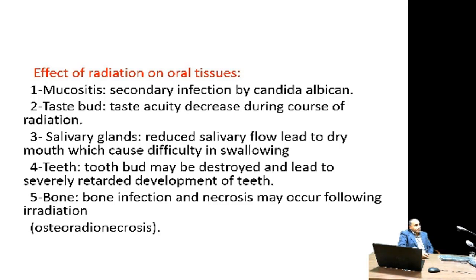Effect of radiation on oral tissue. Mucositis, with secondary infection by Candida albicans. Taste buds: radiation affects the taste buds, and taste acuity decreases during the course of radiation. Salivary glands: reduced salivary flow leads to dry mouth, which causes difficulty in swallowing.